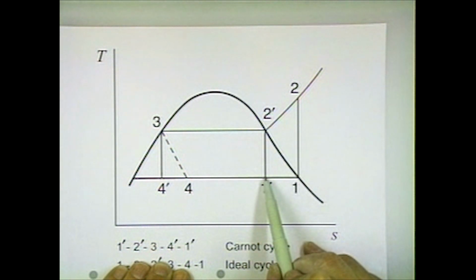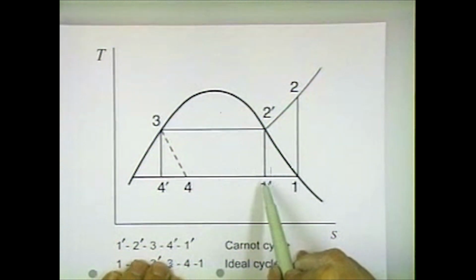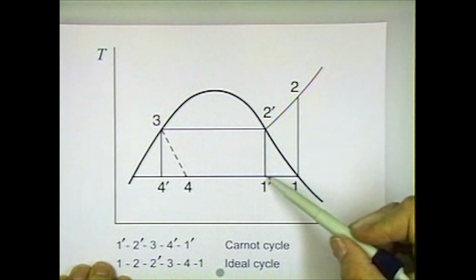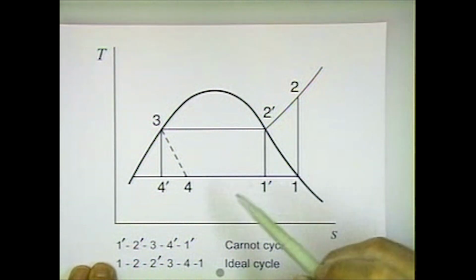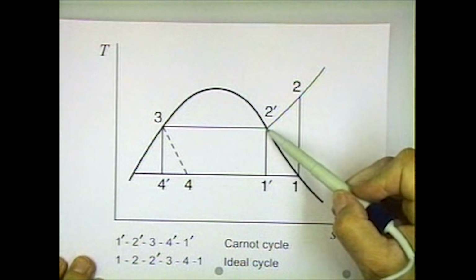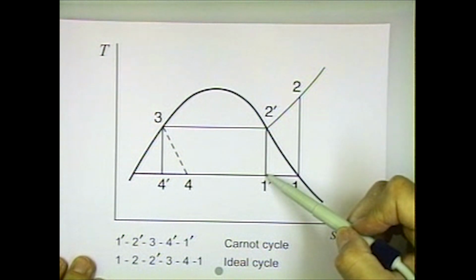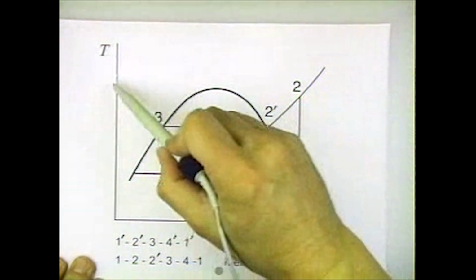The Carnot cycle takes place entirely under the vapor dome. So it would be this 1', 2', 3', 4'. What we would start with is the compression process from 1' to 2'. In a Carnot cycle, it's an isentropic compression. We have entropy down here, temperature over here.